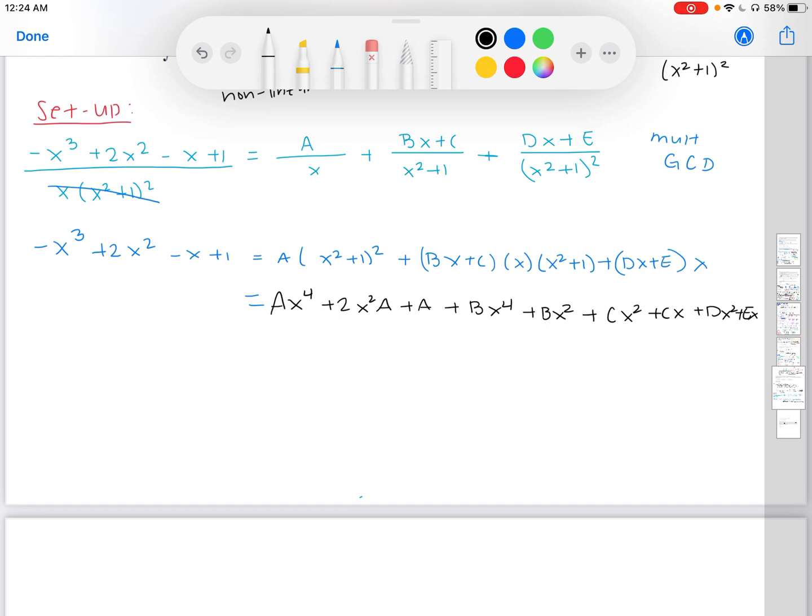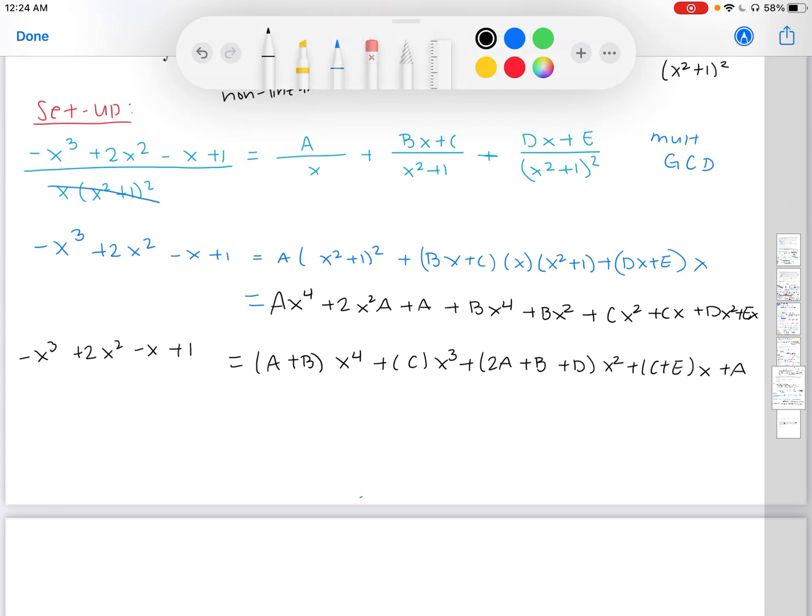Let's group our coefficients, so that we have A plus B times x to the fourth, plus C x cubed, plus 2A plus B plus D times x squared, plus C plus E times x plus A. And all of that is equal to negative x cubed plus 2x squared minus x plus 1.